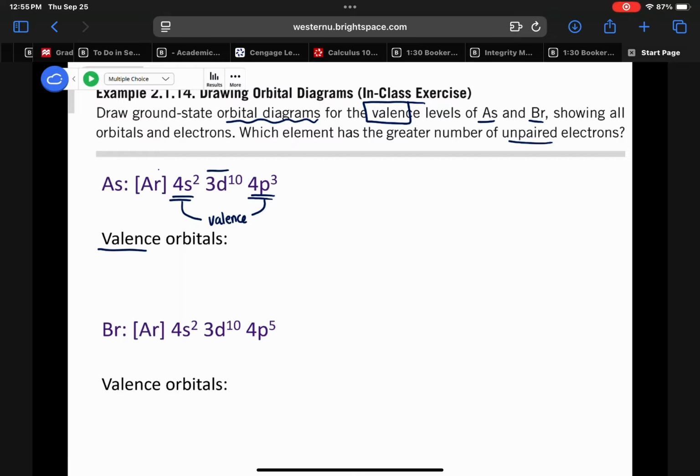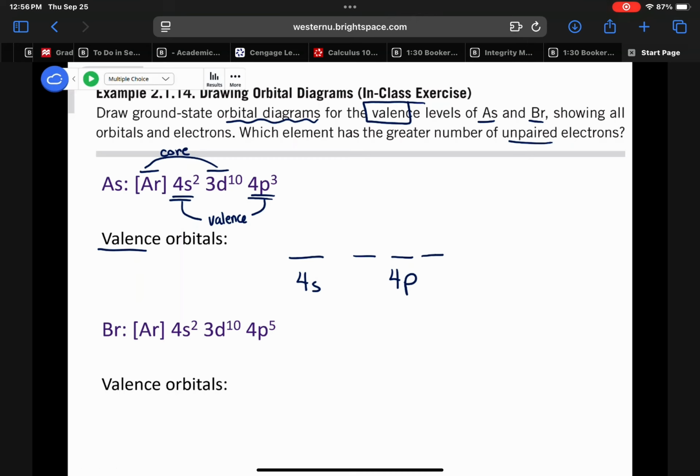The 3d and all those electrons in argon are our core electrons. The question says we can just draw the orbital diagram for the valence electrons, so I'm going to keep it simple and just do the valence. So there's my 4s orbital and my 3 degenerate 4p orbitals.